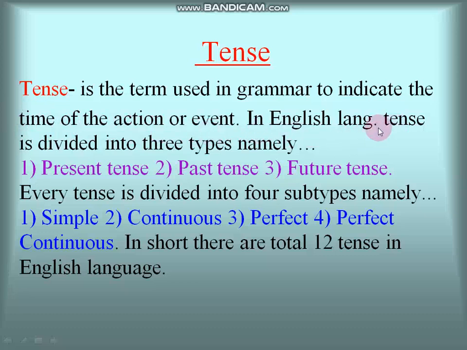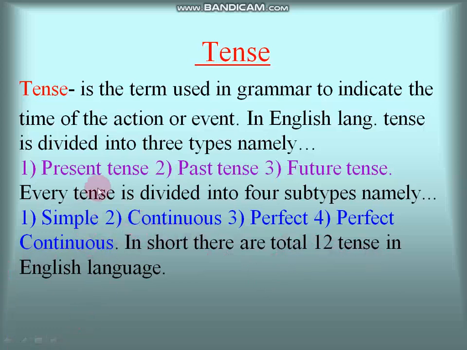In English language, tense is divided into three types: number one, present tense; number two, past tense; and number three, future tense. Every tense is divided into four subtypes, namely simple, continuous, perfect and perfect continuous. These are the four subtypes of tense. In short, there are a total of 12 tenses in English language.